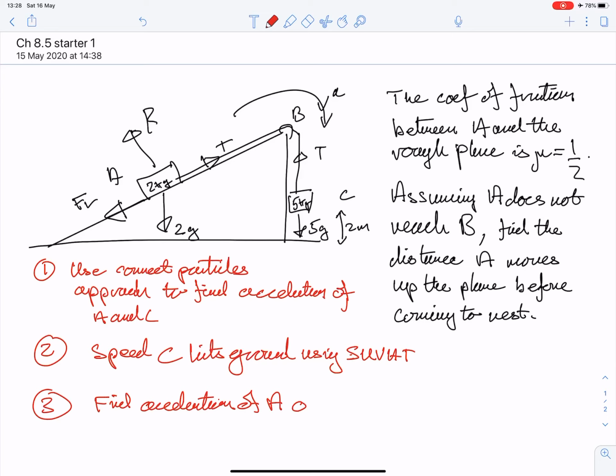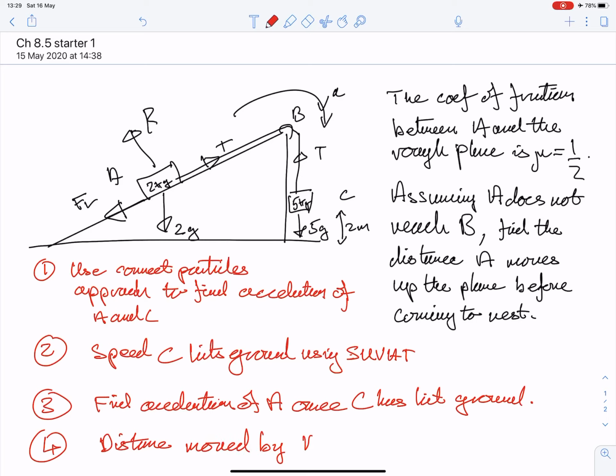We then need to 3, find the acceleration of A once C has hit the ground, and then 4, distance moved by A in coming to rest.